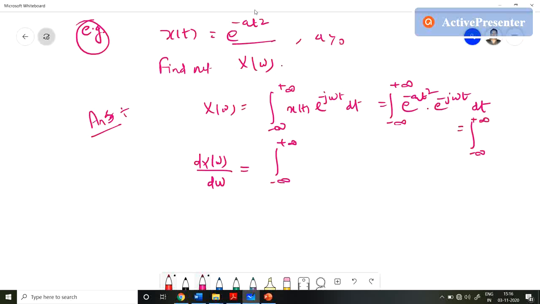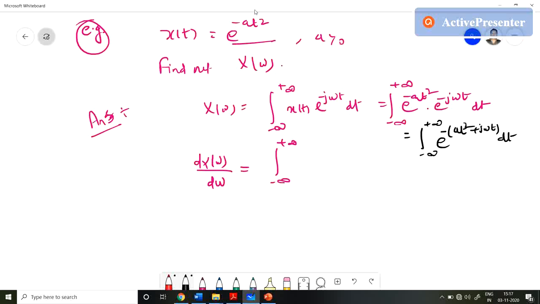It is the integral from minus infinity to plus infinity of e raised to the power minus (a t square plus j omega t) dt. We have combined these two exponentials.